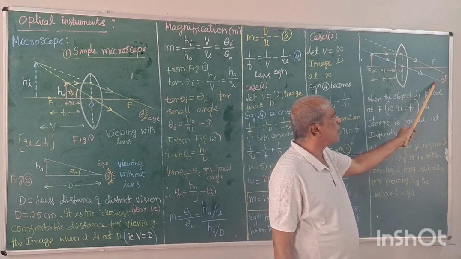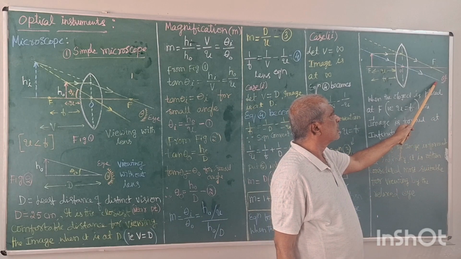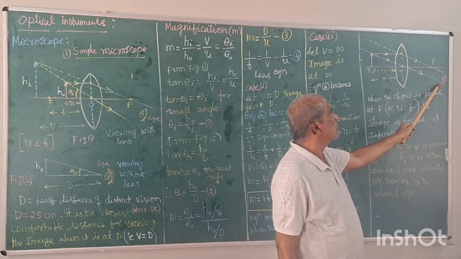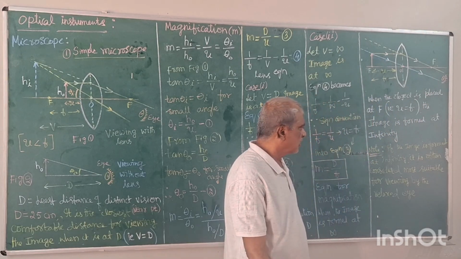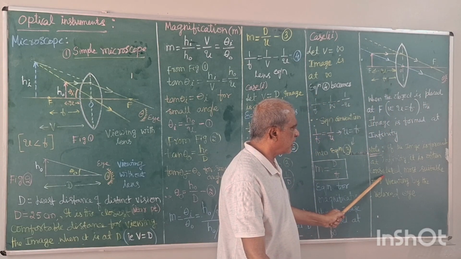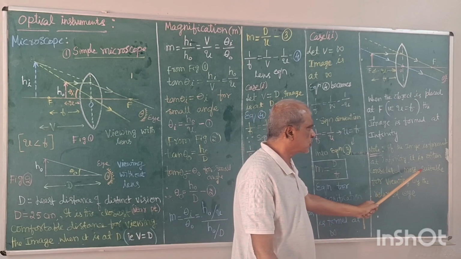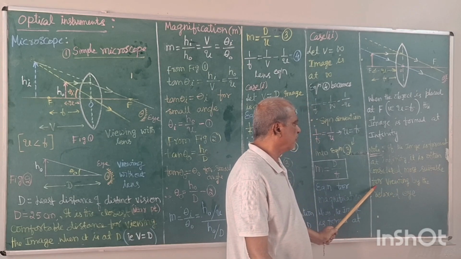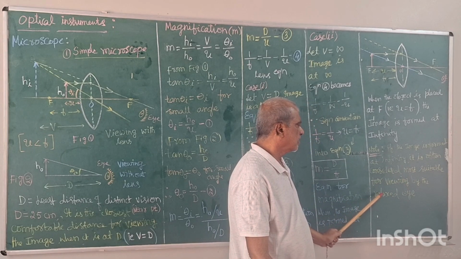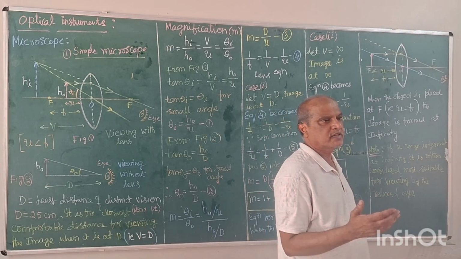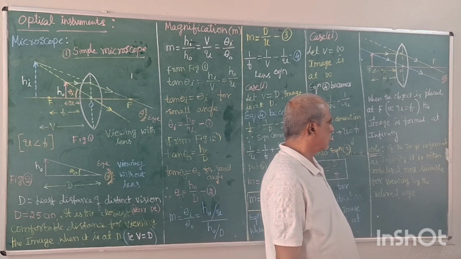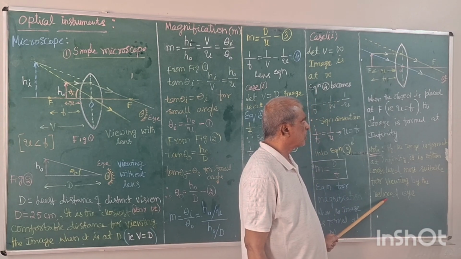So this view, even though the image is at infinite distance and of course magnified, is considered as most suitable for viewing the image by the relaxed eye. We can view that with the most relaxed eye.